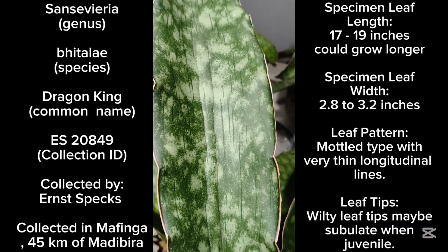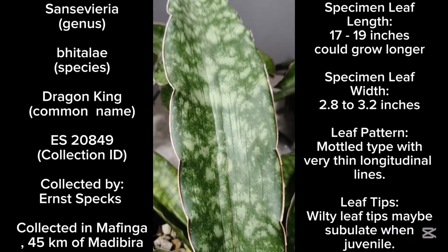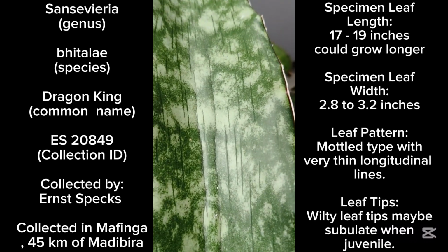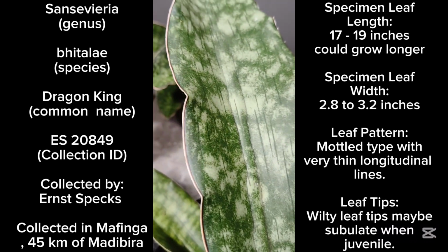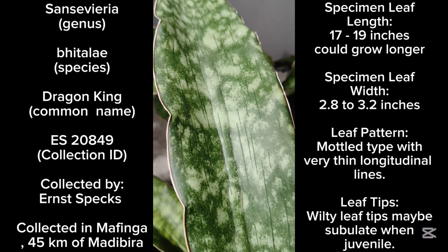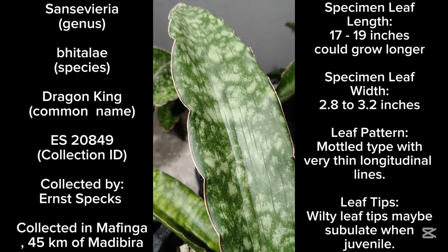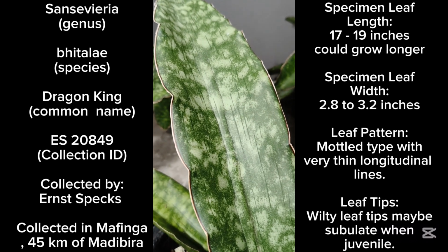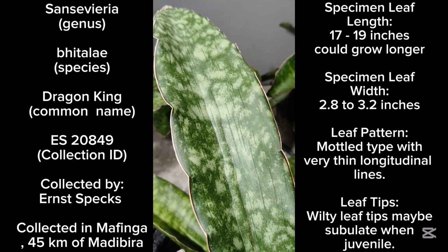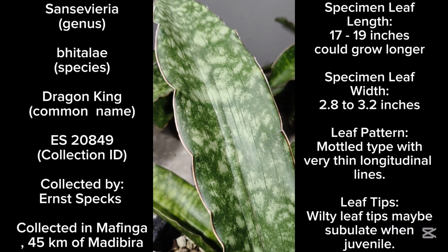So the inner color is pale green, and the outer outline is dark green in color. And you'd see most commonly there are longitudinal lines on them, although the longitudinal lines are very distinct in comparison to the other bhitalae that are found in different areas of Tanzania or Africa.